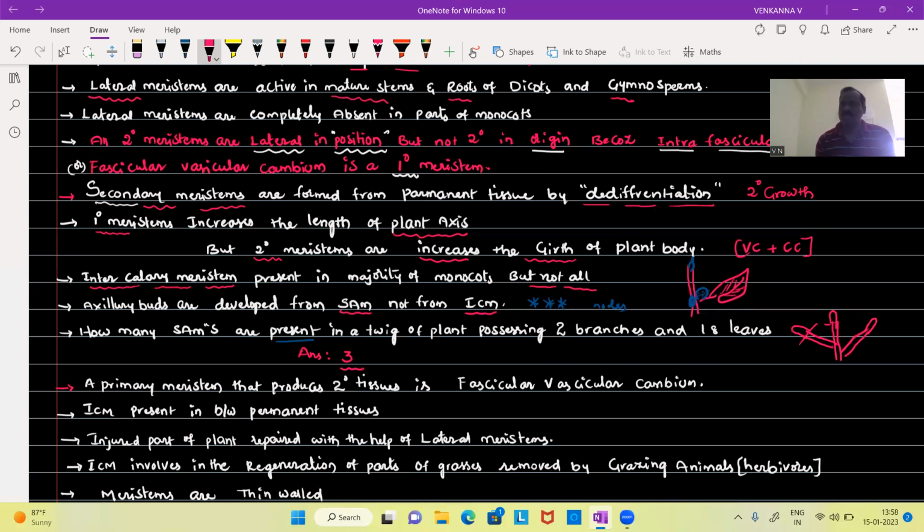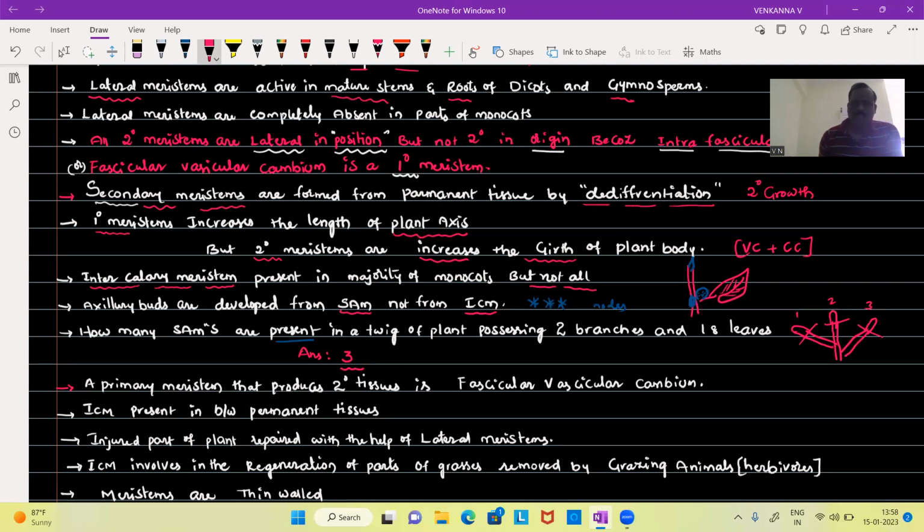So 1, 2, 3. So 3 shoot apical meristems are present in a plant with 2 branches, because 2 SAMs are at the tips of the branches and one at the tip of the main axis. So the total number of shoot apical meristems present in a twig is 3.